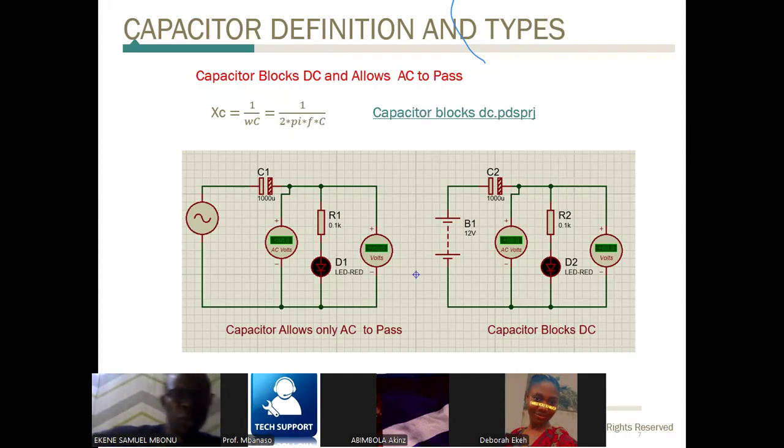So that is the basic mathematical model of the reactive impedance of a capacitor. From that, we can see that as the frequency increases, the reactive impedance begins to decrease.